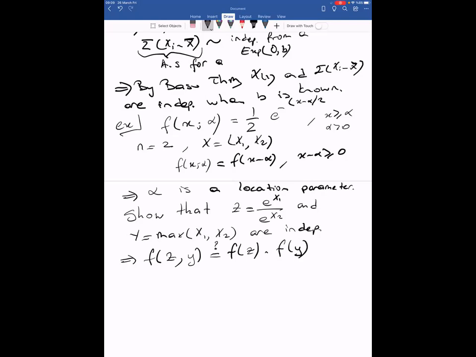Or right now you learn that by Basu's theorem, two statistics can be independent of each other. So if you can show that one of those statistics is an ancillary statistic and the other is a complete sufficient statistic, it will be enough. So you don't have to work with their joint distribution and marginal distributions and show everything. So everything will be very, very easy.